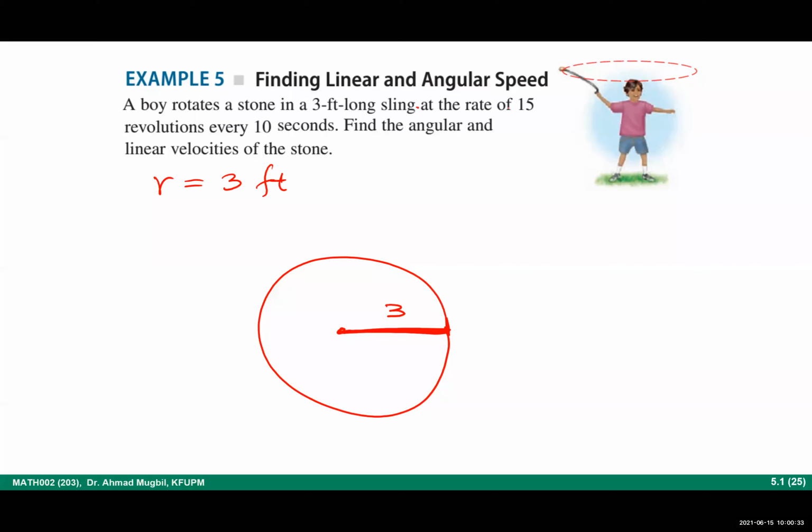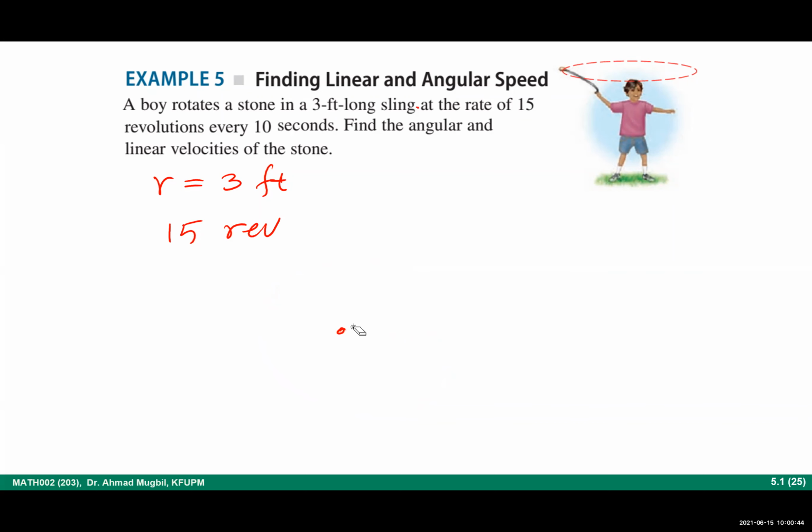At the rate of 15 revolutions. Revolutions means rotations; when you revolve something, you are rotating that thing. So we have here 15 revolutions every 10 seconds.